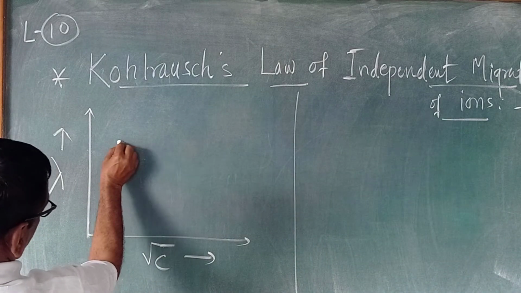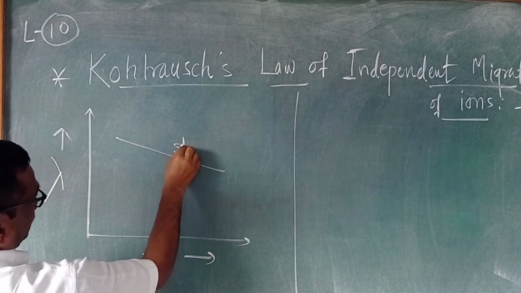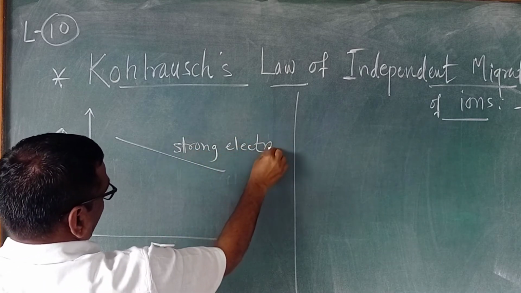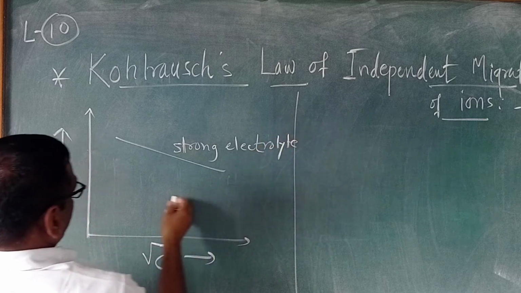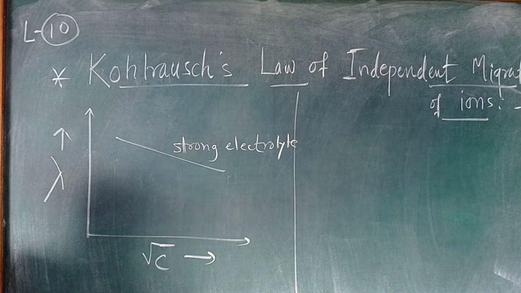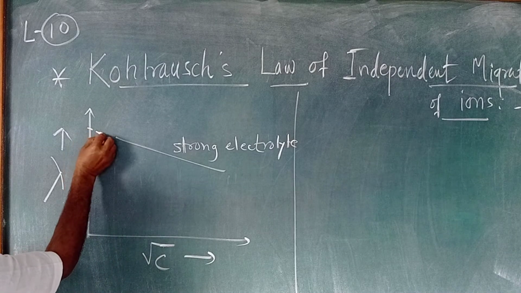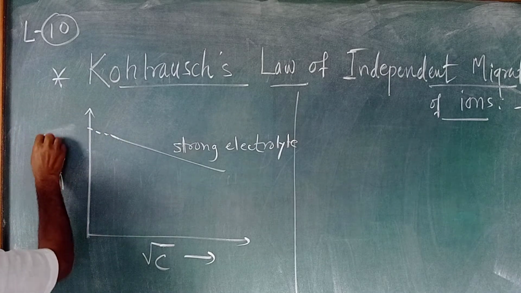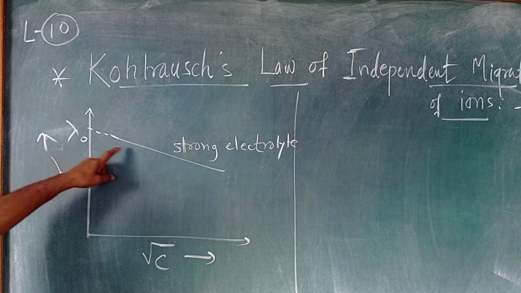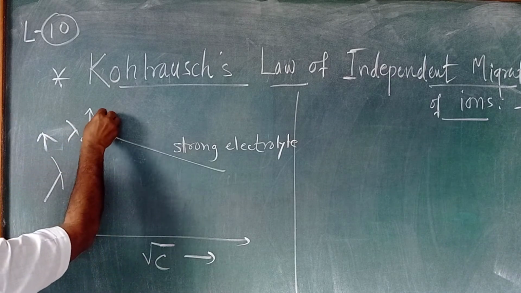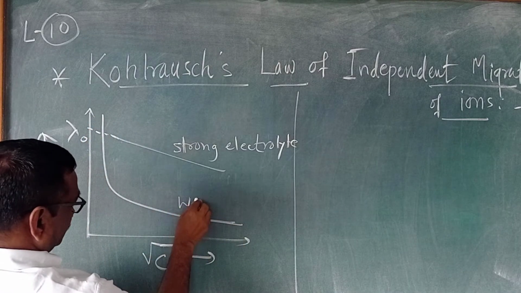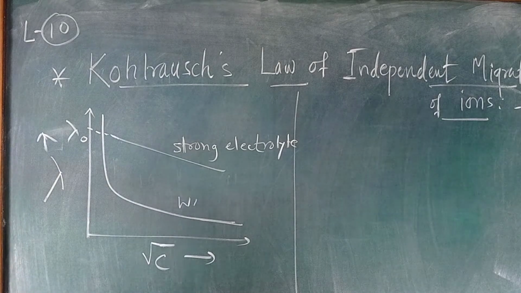For strong electrolyte, this is the nature, and if you extrapolate it, lambda 0. And this is the nature for weak electrolyte.